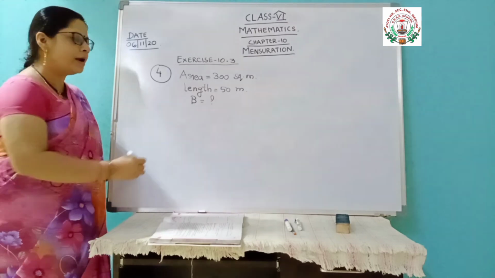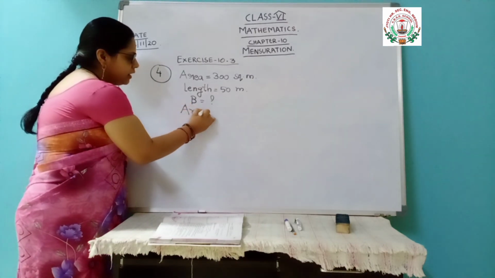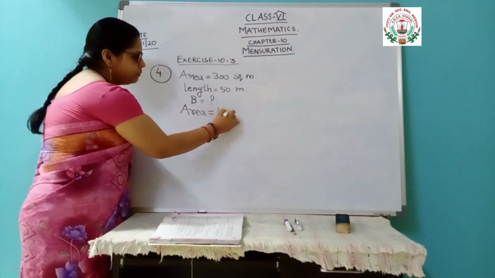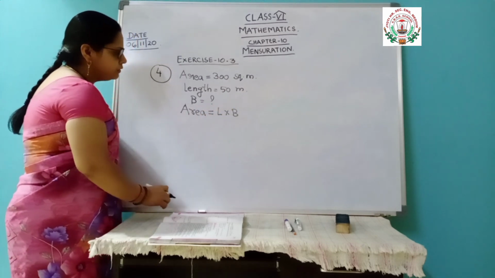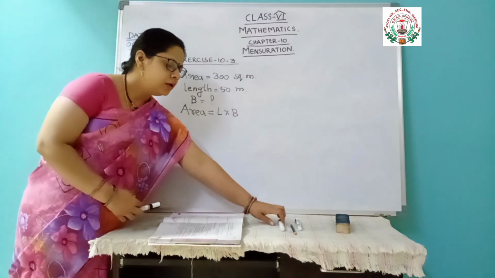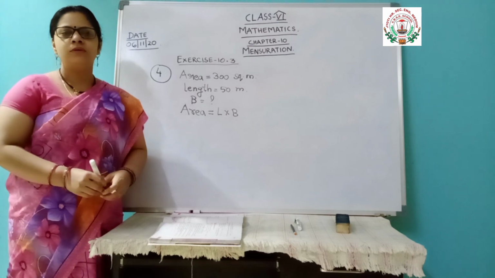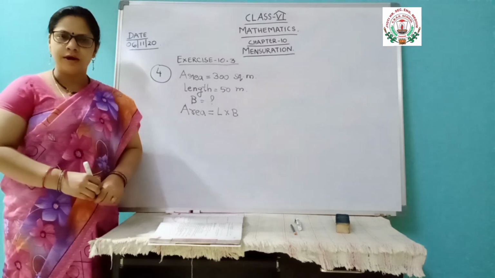So first you will write down the formula for area of rectangle. Area of rectangle is L into B. Now you will put the values and see how you will transfer. The day before yesterday, I explained how we transfer values.